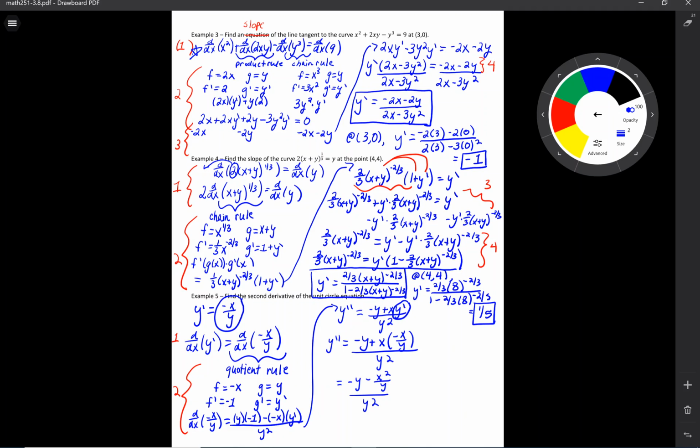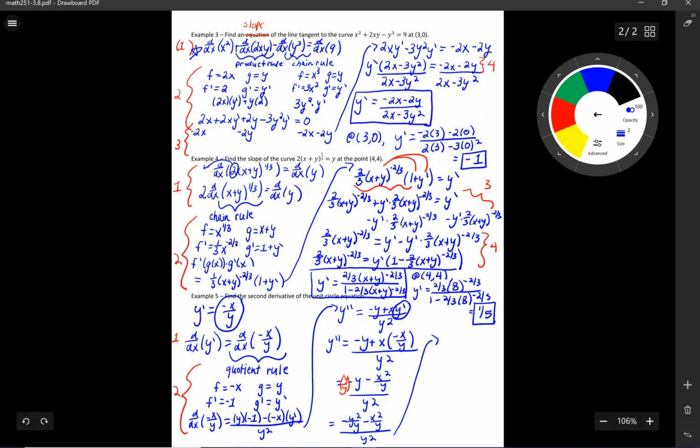So my common denominator will be y, which means that I need to multiply this term right here times y over y. That gives me negative y squared over y minus x squared over y, all over y squared. Now I have a common denominator in my numerator.